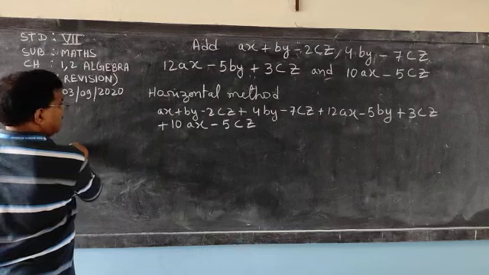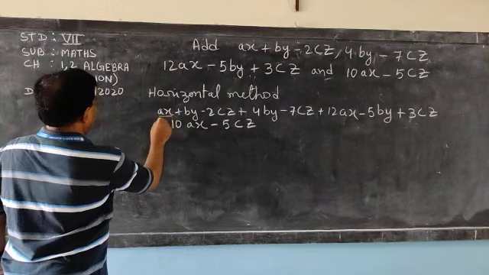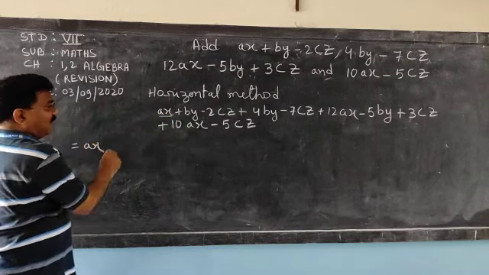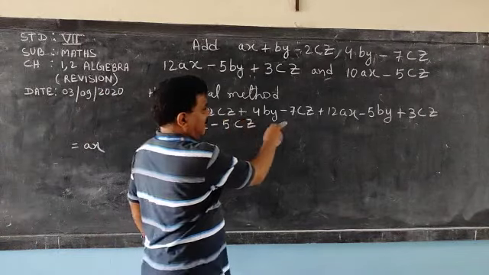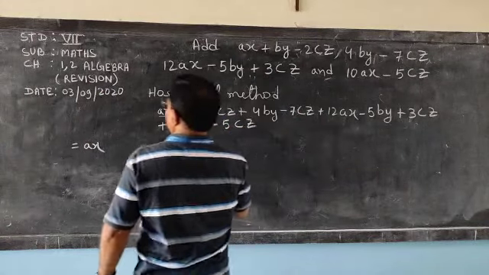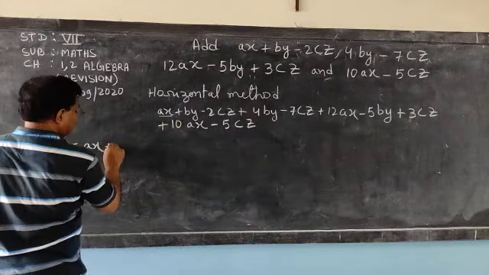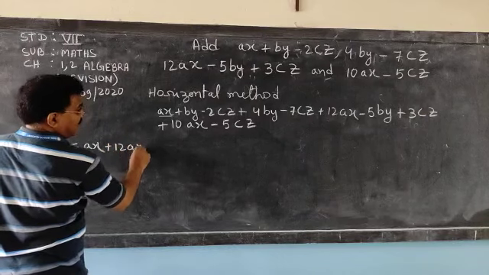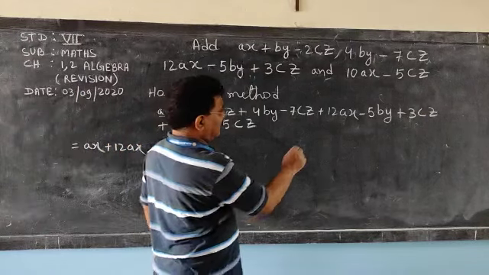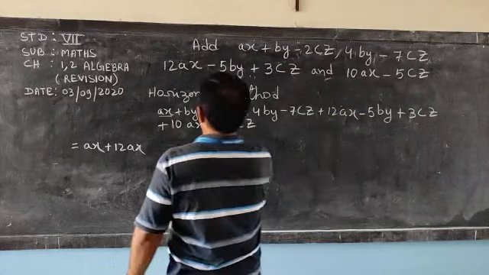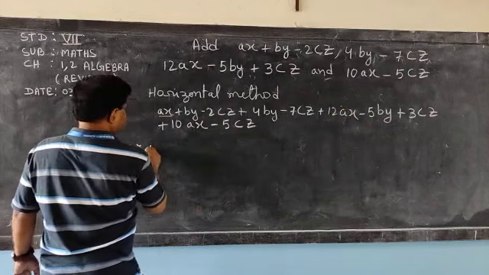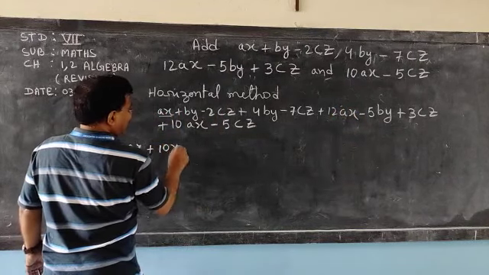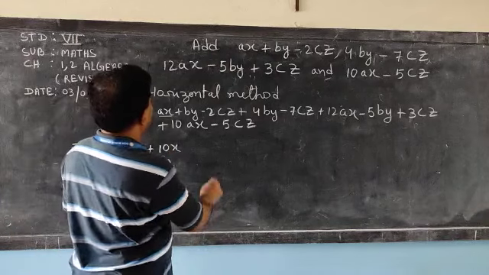Let us collect the like terms together. ax. Now find out, is more ax there? Yes, here is ax plus 12ax, and then after 12ax this is 10ax. So ax is finished.